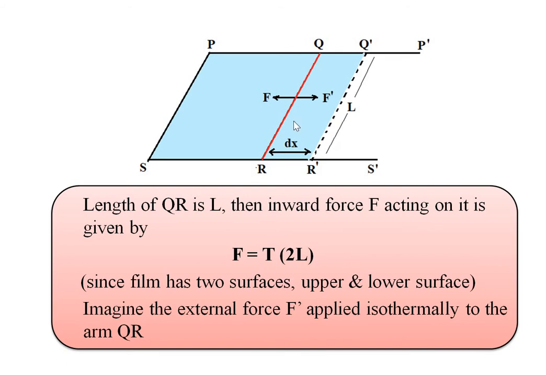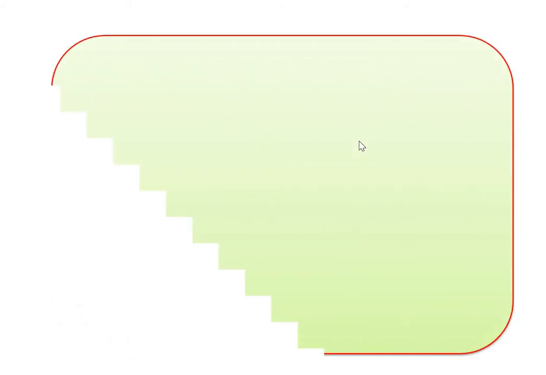Again imagine an external force F dash is applied isothermally to the arm QR. So arm QR moves to Q dash R dash through a distance dx. F and F dash are equal and opposite forces. So we have to derive some formula.